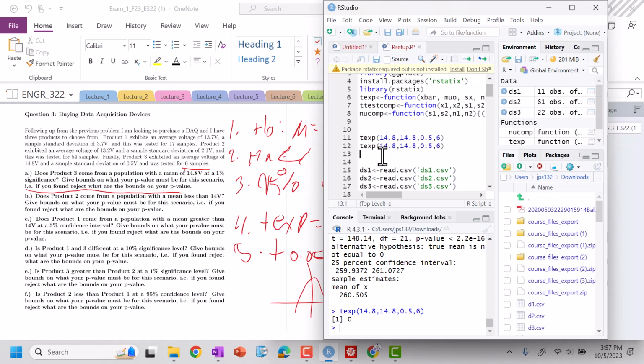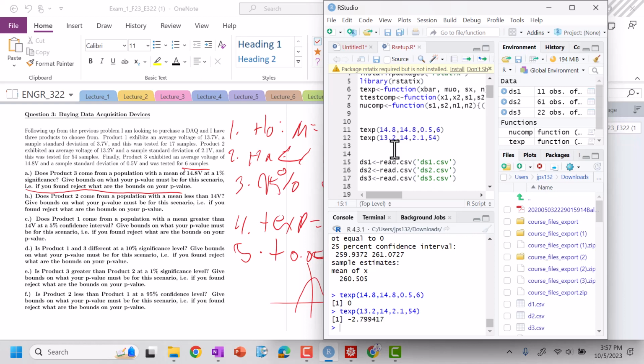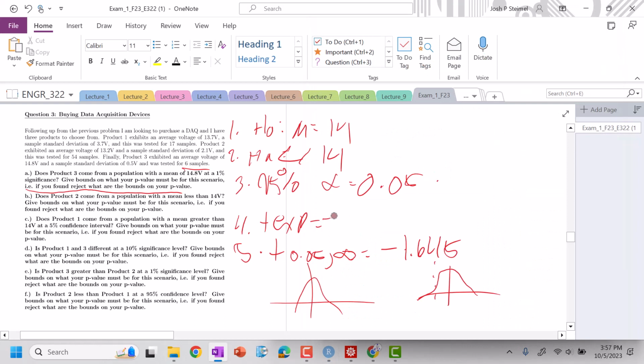Our product 2 says an average of 13.2, a mu of 14, standard deviation of 2.1, and then, what is it, 54? So minus 2.799. So this is a reject. So our p-value has to be less than 0.05.